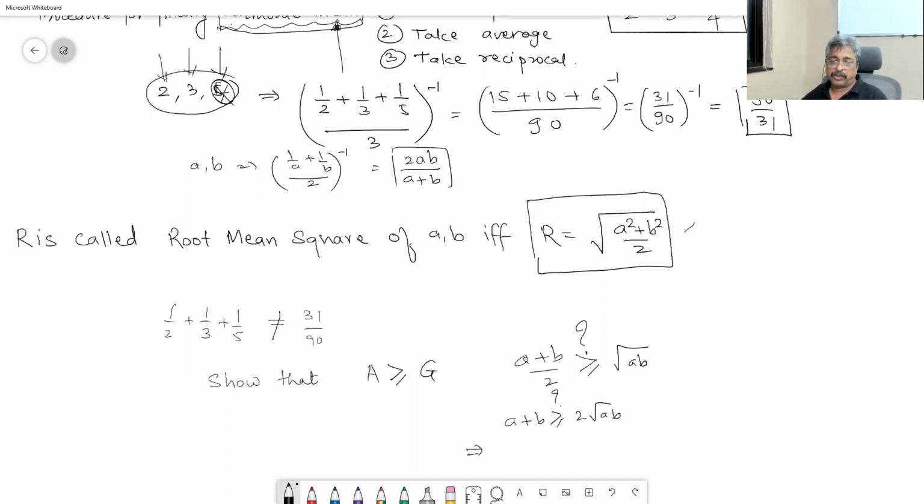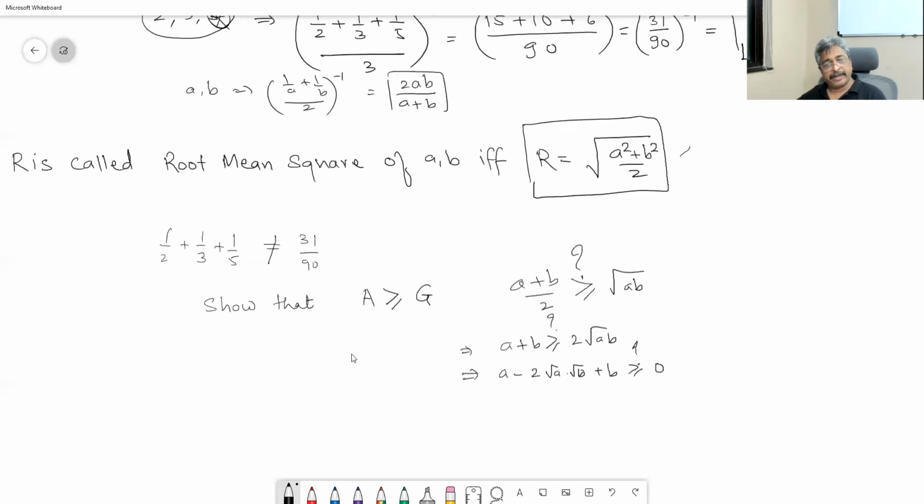Everything is a question mark. So a minus 2 root a into root b plus b is greater than or equal to 0? Oh, good. Then this is a perfect square of (root a minus root b) square.